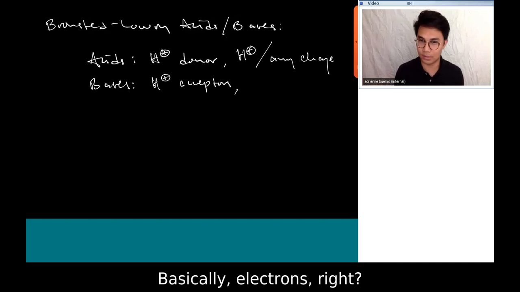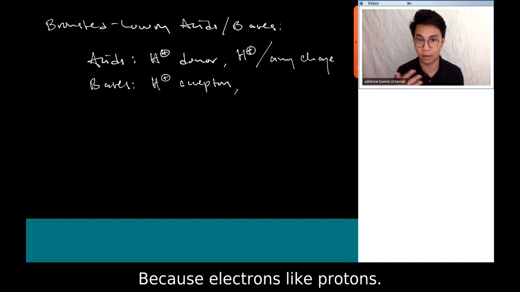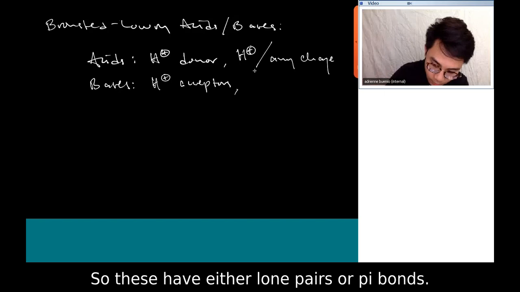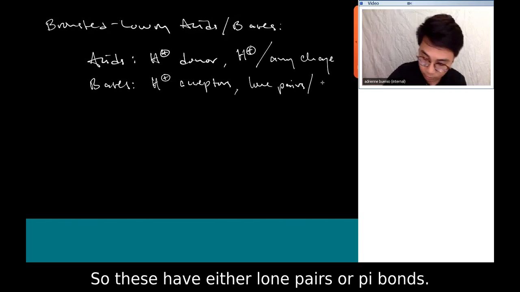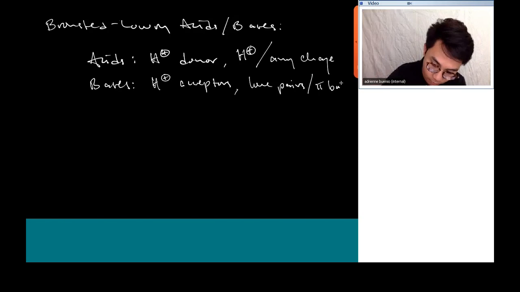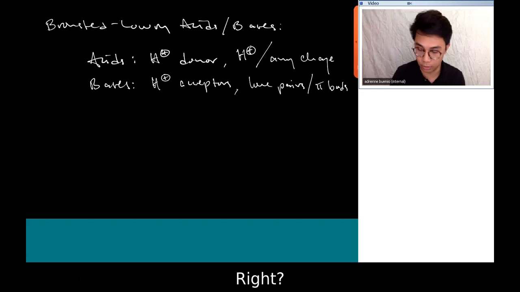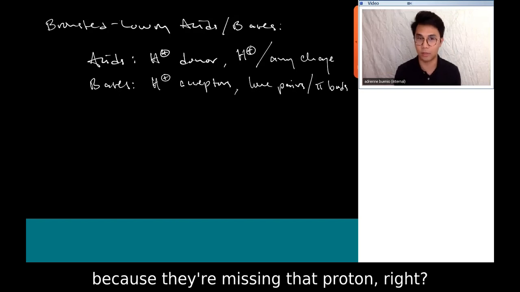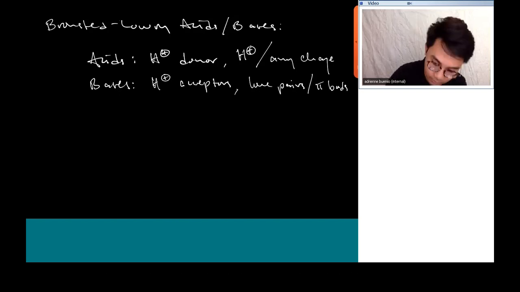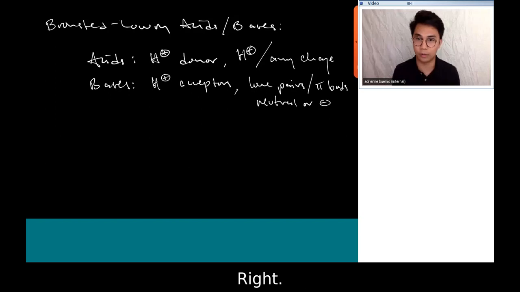Basically electrons, because electrons like protons. So these have either lone pairs or pi bonds, and these are either no charge or negatively charged. Obviously they won't be positively charged because they're missing that proton. So neutral or negatively charged.